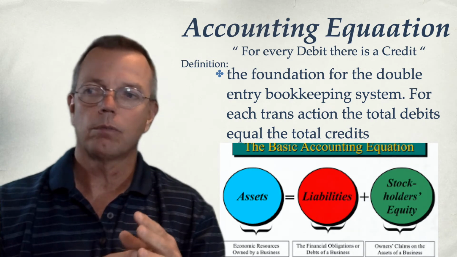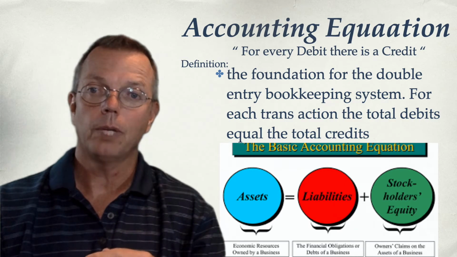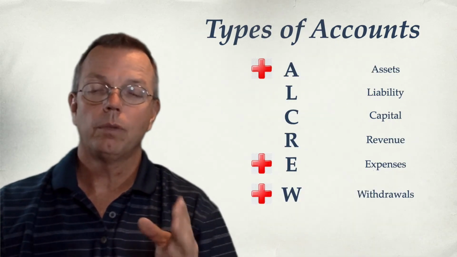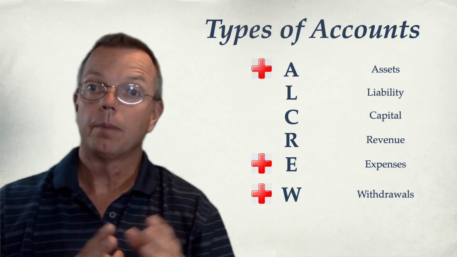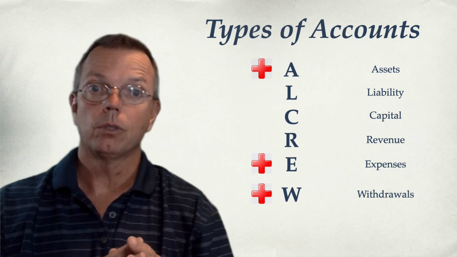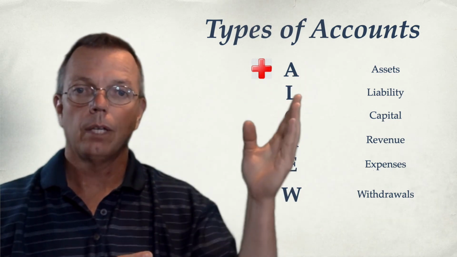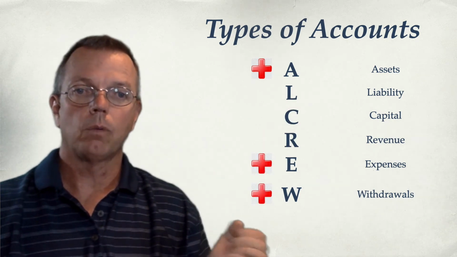But let's focus and get right into some steps and getting ready to put some transactions in. So let's look at some of the types of accounts. Some of these we've already covered, but we're going to start separating them into increases and decreases. The accounts you should know already are assets, liabilities, capital, revenue, expenses, and withdrawals.